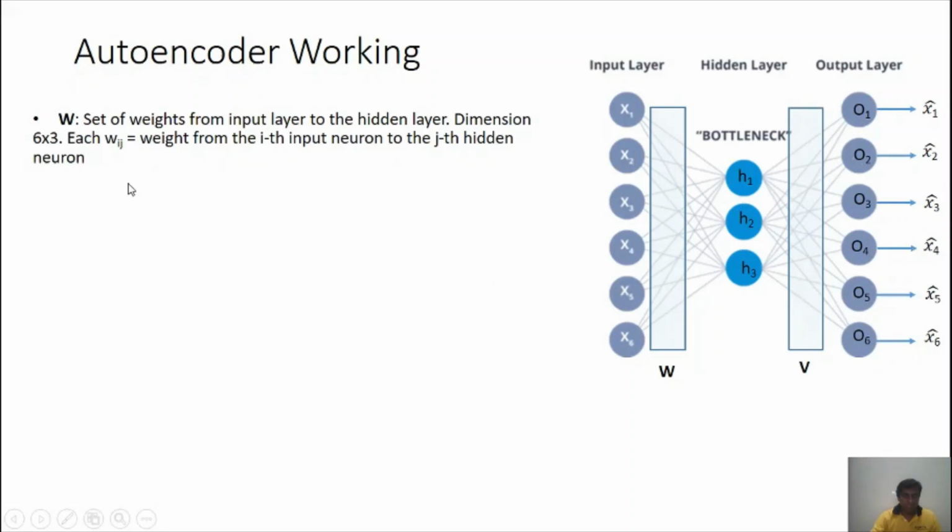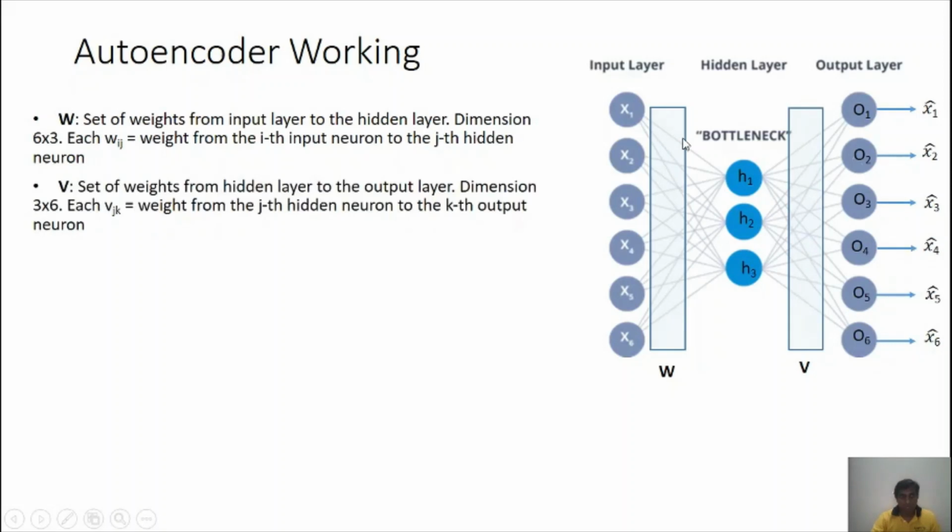So here we have the terminology that is associated. You typically have the set of weights which connect the input neurons to the hidden layer, and they are referred to here as the matrix W. Similarly, you have another set of weights which connect the hidden layer to the output layer, and that is referred to here as the V matrix. And the output that you are getting here is with the help of the output neurons.